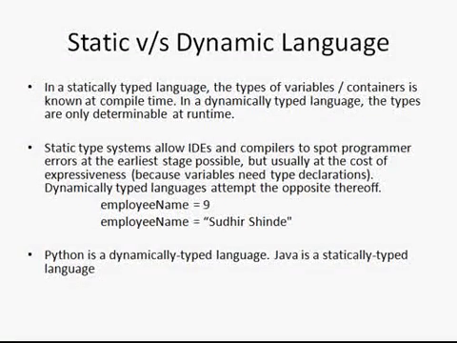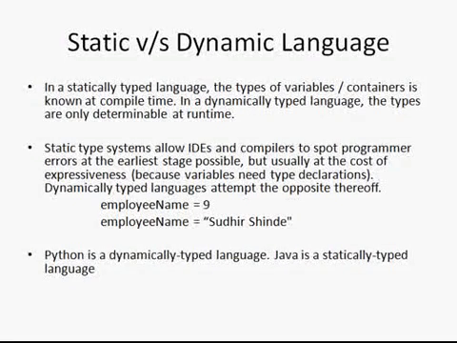So static type system allows integrated development environment and compilers to spot programming errors at the earliest stage possible, but usually at the cost of expressiveness, because variables need type declaration. Dynamically typed language attempt the opposite thereof. Like one time you say employee name is equal to 9, which is an integer.